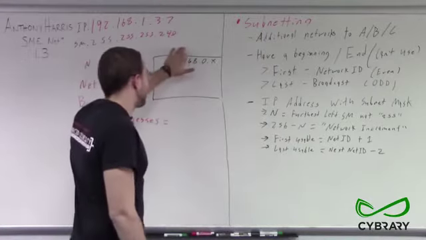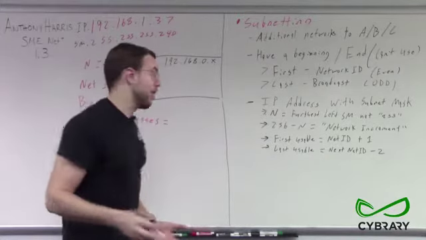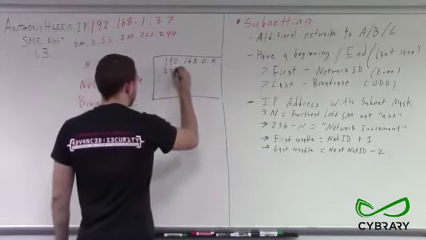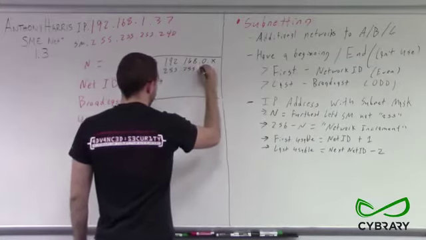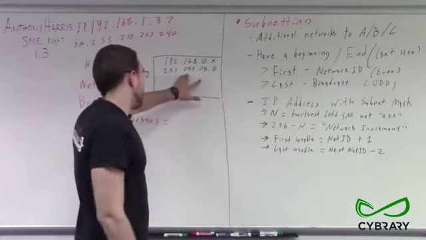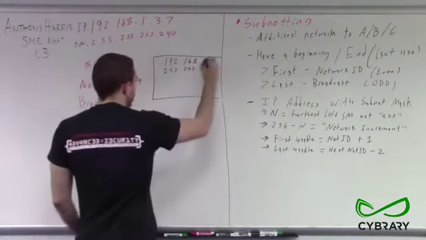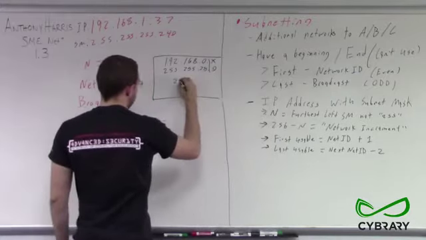So the standard default subnet mask for this address range is 255.255.255.0.